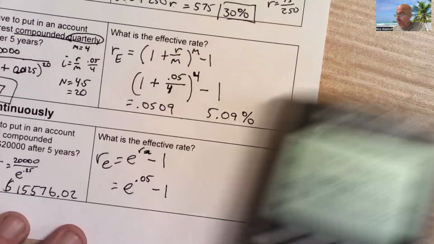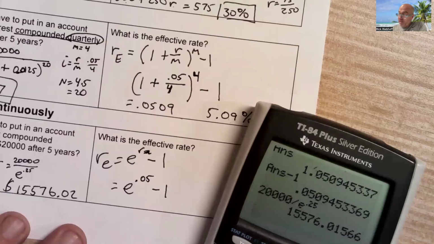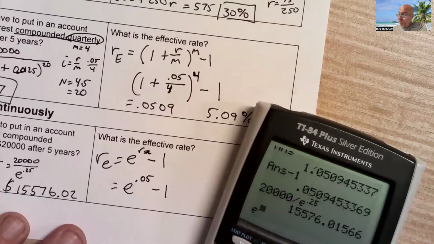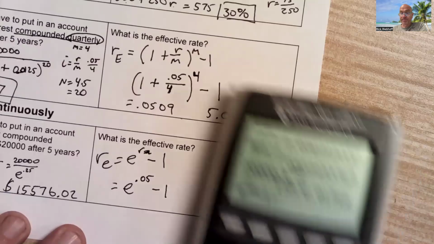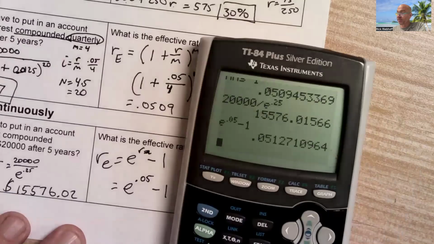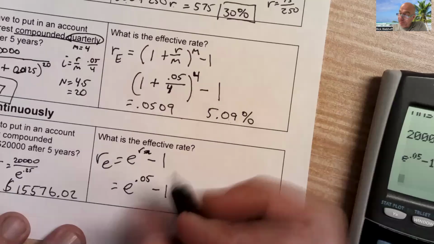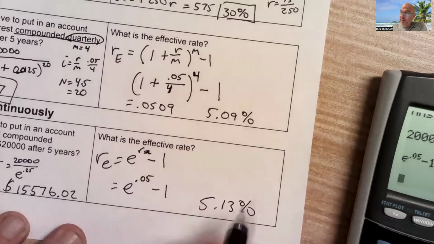Seems so simple. Can that be right? E to the 0.05 minus 1. Enter. There we go, 5.13%. See? It's a little better, more better, right?